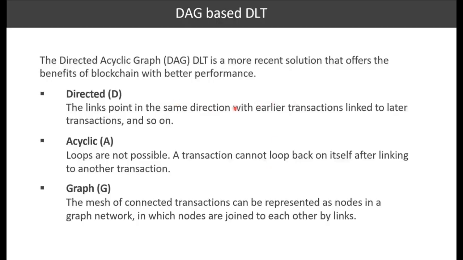So the type of architecture is called DAG, Directed Acyclic Graph DLT, and it's a more recent solution that offers all the benefits of blockchain, but with better performance. Performance has long been an issue with traditional blockchains such as Ethereum, such as Bitcoin. The amount of time that it takes to validate transactions and add new blocks is, by today's standards, quite slow.